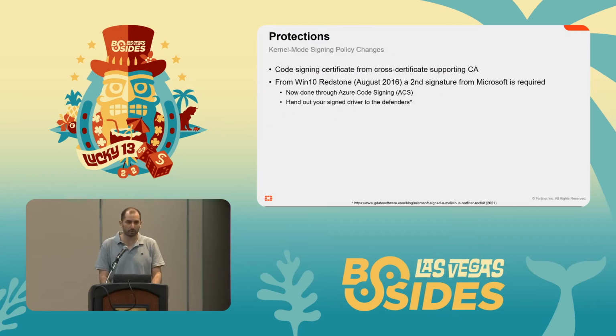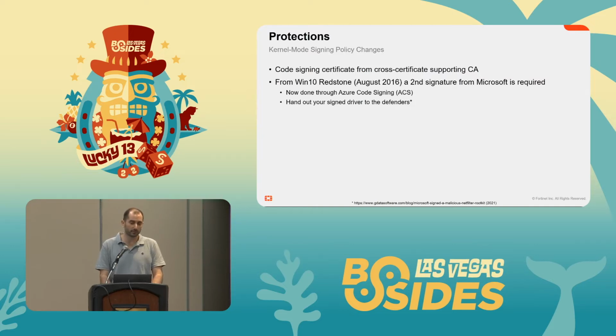The next protection that Microsoft tried to introduce is the signing policy itself. So first off, you can't just use any certificate to sign your driver. You have to acquire a certificate from a specific subset of public CAs. So that pretty much prevents you from installing your own CA on the machine and running your driver.